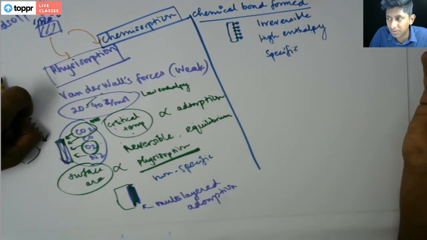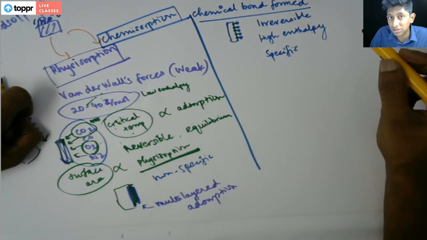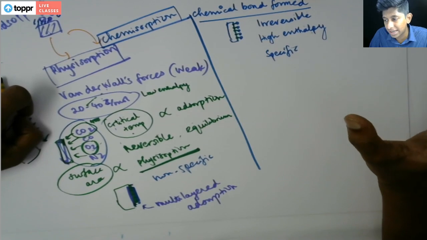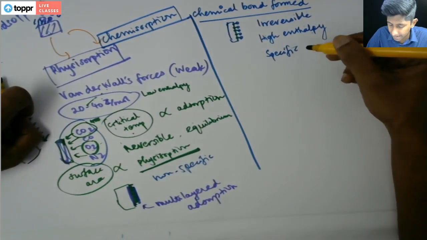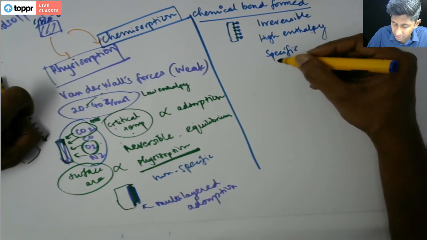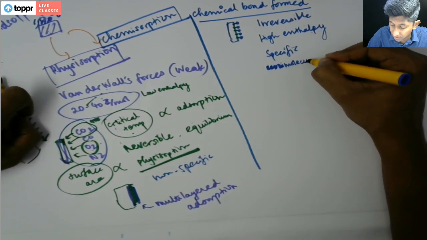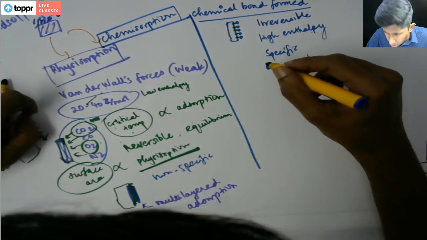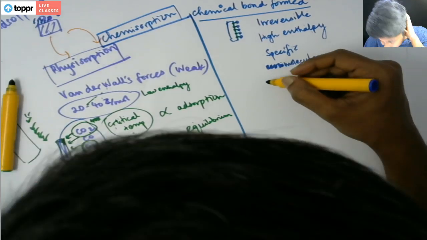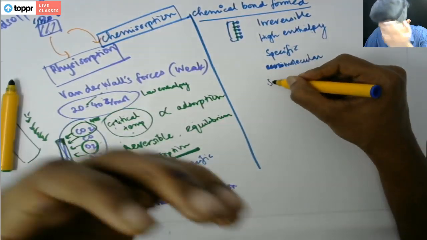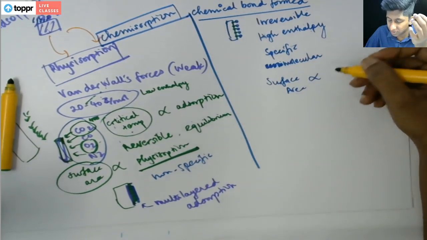So there is not going to be another layer coming in. Since there's a physical process and a chemical process, that is where the difference is. That slot is taken over by another molecule, that is done. So it's very specific, and because of this, it is mostly unimolecular, because there's only one type of bond formed. And again, in this case also, there's a direct connection between surface area and adsorption.